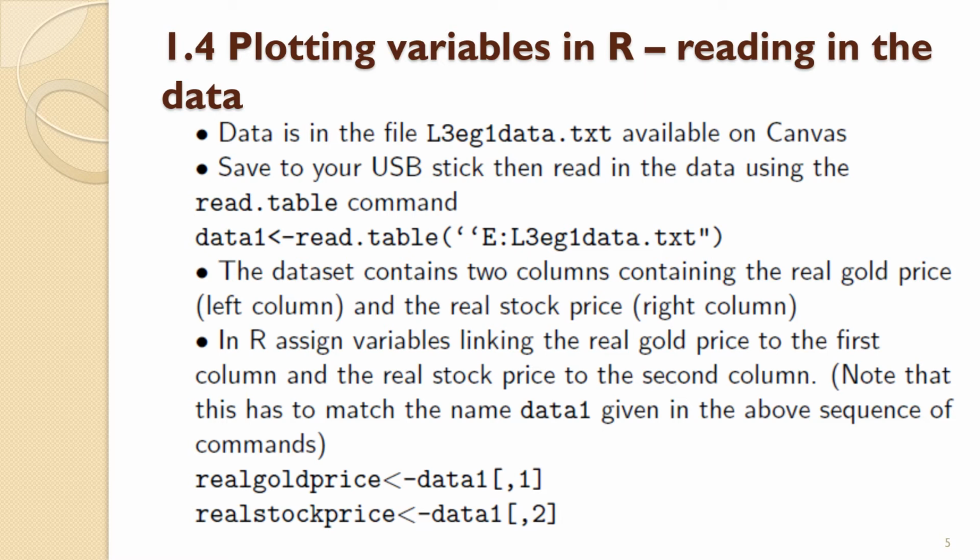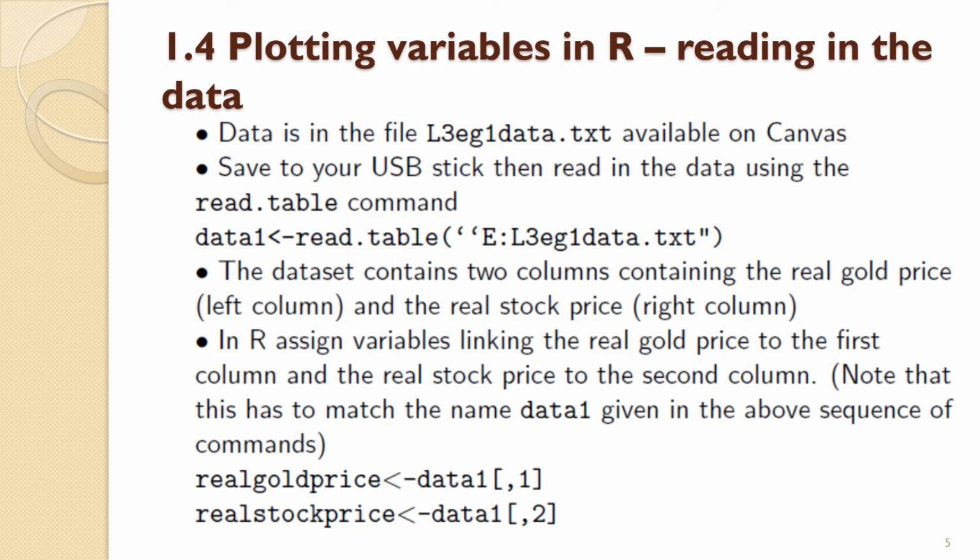How you would do this in R is call the real gold price the first column and the real stock price the second column. So what we've got at the bottom of the slide is that you want the real gold price to be identified with the first column of this data set and the real stock price to be identified with the second column of the data set.